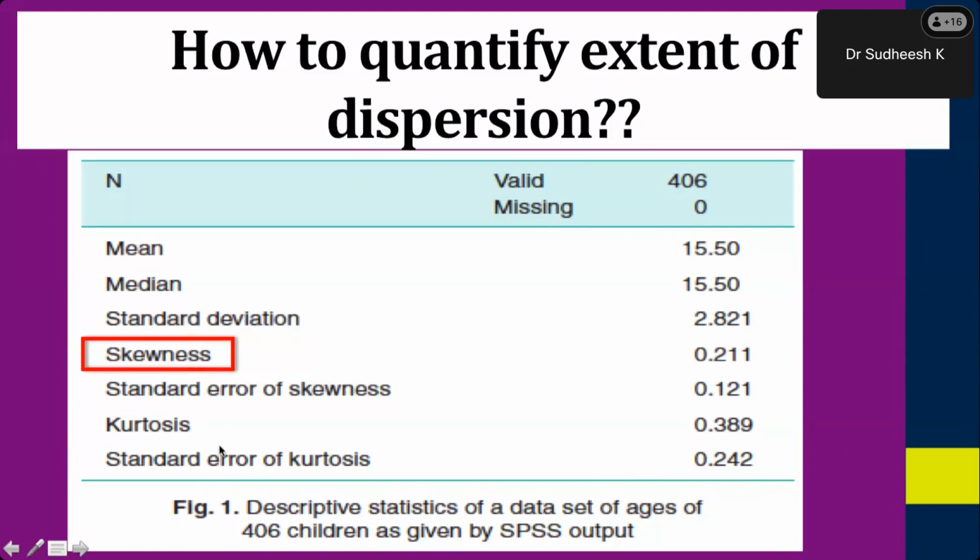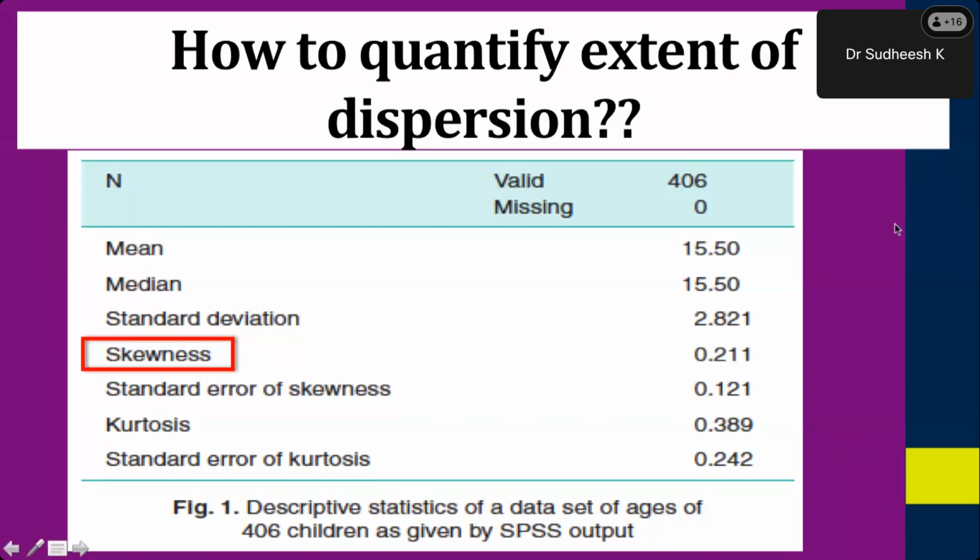Now in this case, the skewness is 0.21, which means the value is lying between 0 and +1. Therefore, it is not a significantly non-normal distribution.